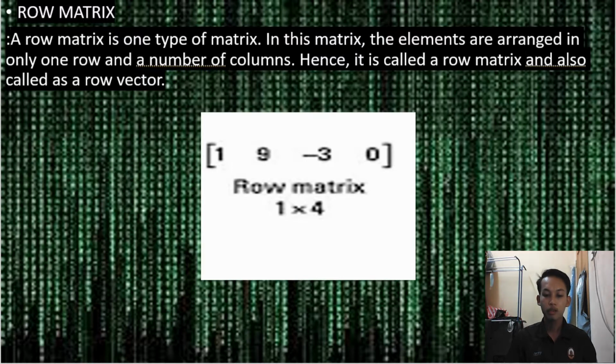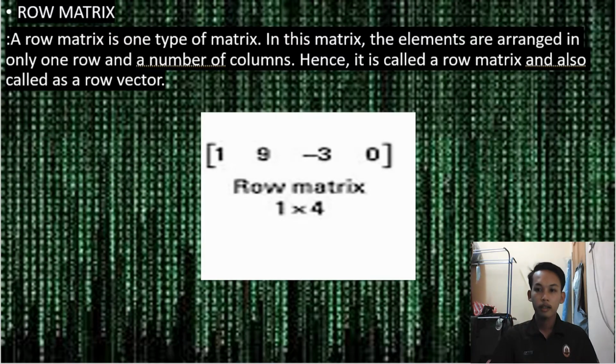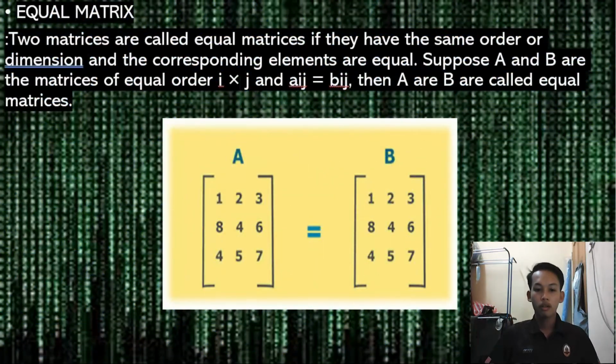Example is a row matrix of order 1 times 3. 4. The equal matrix means the two matrices A and B are said to be equal if A and B have the same order and their corresponding elements are equal. Example, matrices A and K are equal.